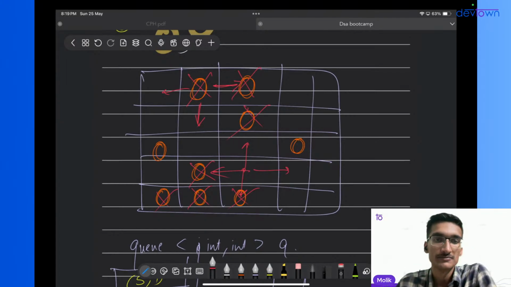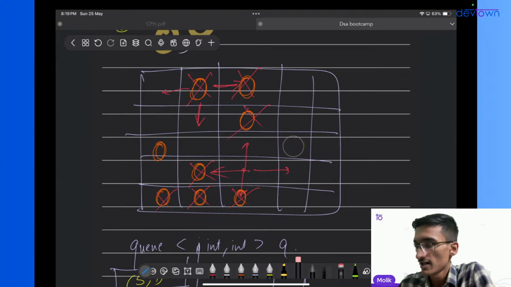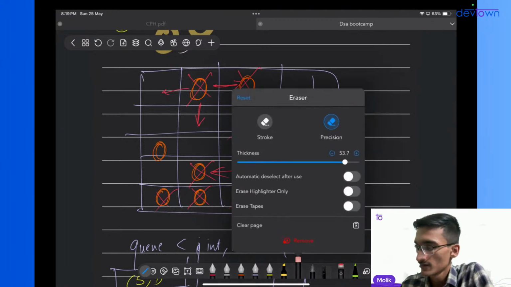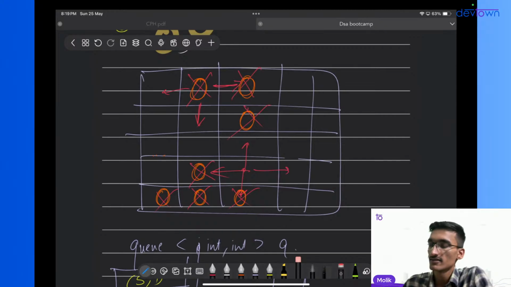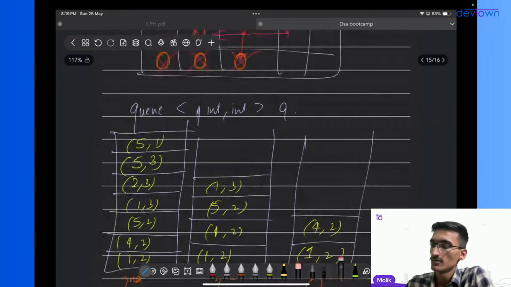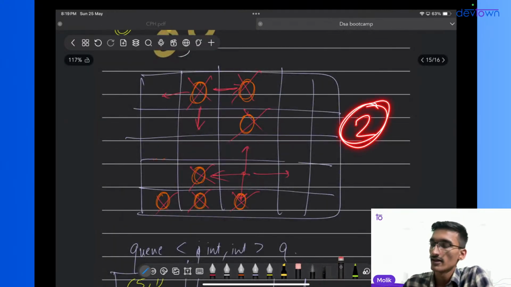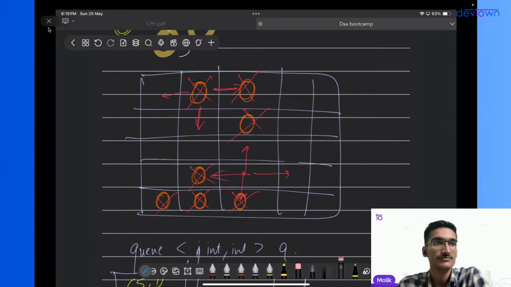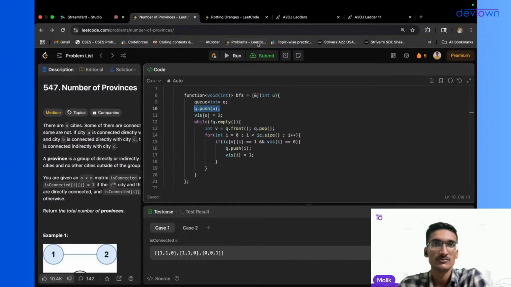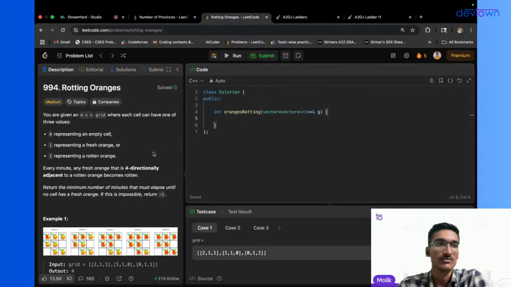Is it clear to all that the BFS will stop here? So not all oranges will be infected. If the grid would have been like this, then the answer would simply be 2. In 2 seconds, the grid will be infected. So let's see how we can code this problem.